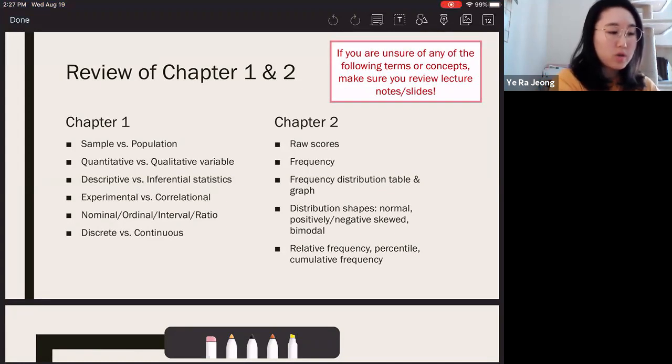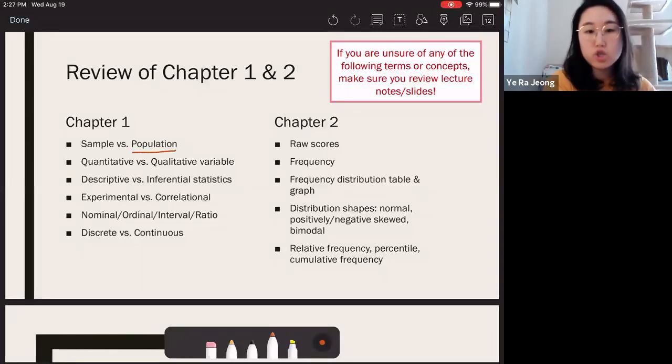We talked about how population is the original target that we are interested in finding the laws of nature or truth about. Since we cannot possibly test everyone in the population, we take a subset of that, representative of the population, and we call that a sample.